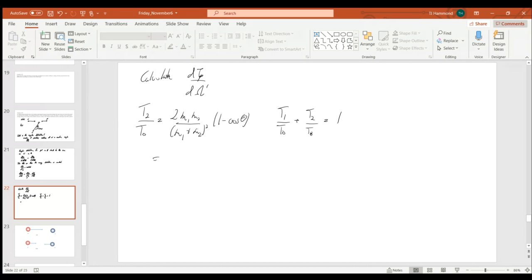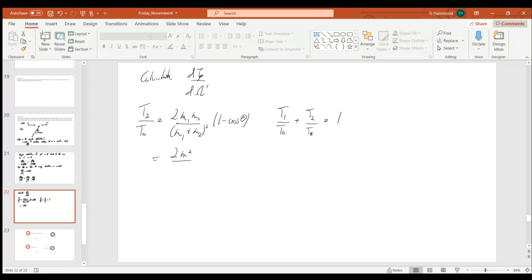So we have, since these masses are the same, 2m squared over (2m) all squared, times 1 minus cosine theta. What we get is 1 minus cosine theta divided by 2.